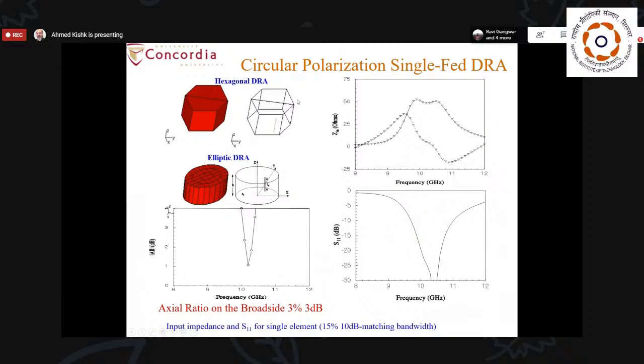For circular polarization, we can have circular polarization with a single excitation if we make the shape of the resonator a hexagonal DRA or an elliptic type of DRA. This is the impedance, real part and imaginary part, and the reflection coefficient, but the bandwidth of the circular polarization is about 3%.